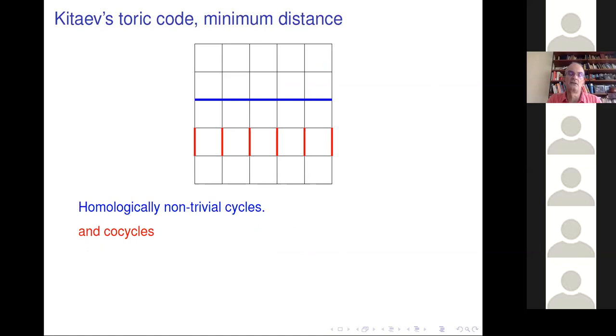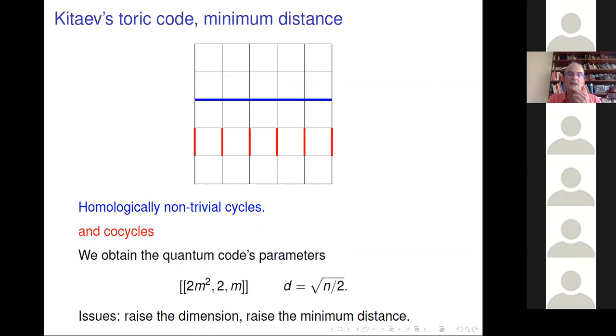Same thing for co-cycles, and we have this minimum distance that scales like a square root of n. That code, as you all know, has very many nice properties. It's been studied extensively.